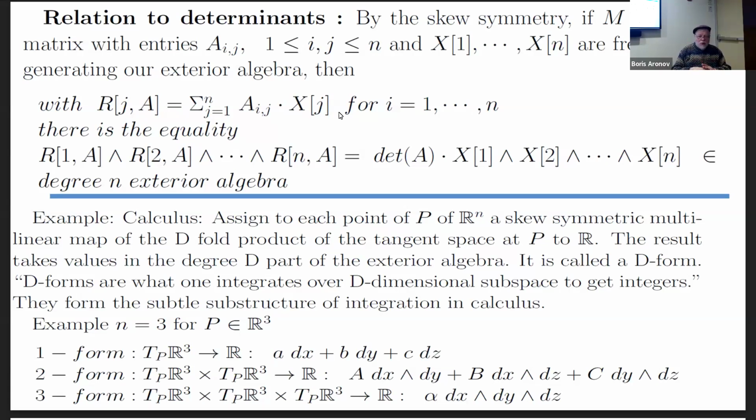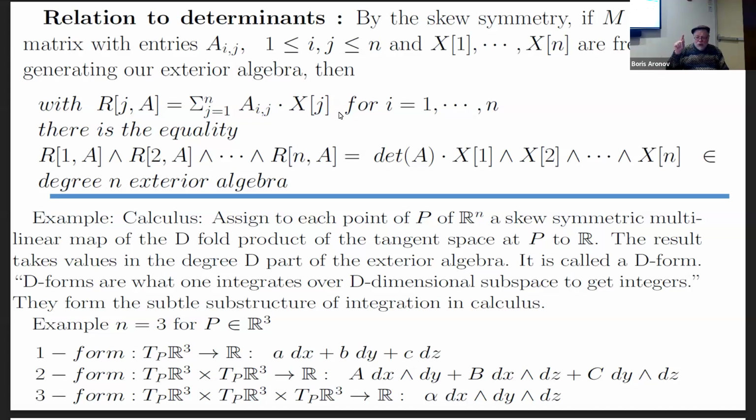By the way, there's a kind of duality here because it reflects the duality in combinatorics. Choosing i from n objects is the same as choosing n minus i from n objects. So the top dimension is the same as the bottom dimension 0, which is just the real numbers here. And so the top dimensional piece is just a single real, generated by the exterior product x1 wedge x2 wedge x3, and so on, all the way to xn.